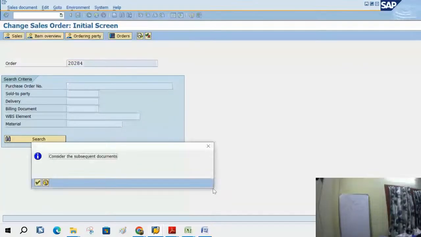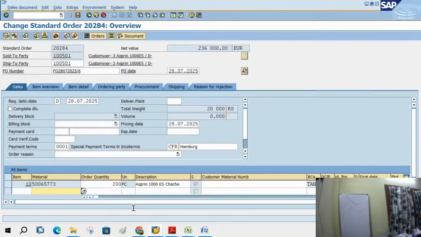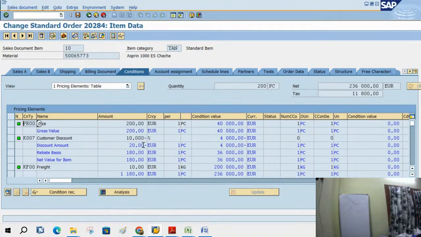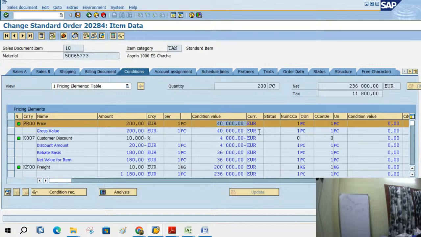Correct. So this is the sales order she has created. Now what is the price? Price is coming how much? 200 pieces, quantity 200. PR00 she has put 200. 200 into 200 comes as 40,000. Correct.